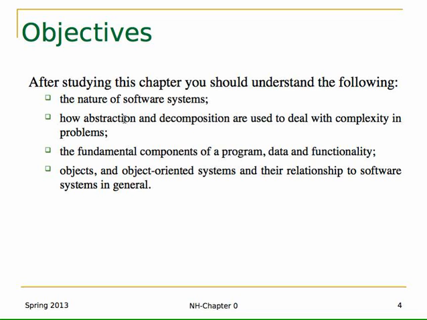That is, how to just basically model a problem. We also want to understand the fundamental components of a program, that is data and functionality. Of course, roughly speaking, you can think of this as data members and methods, but it's also more abstract than that, but you can think of it that way.